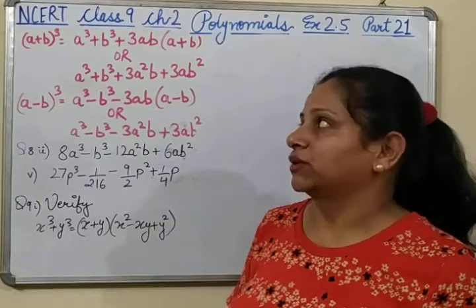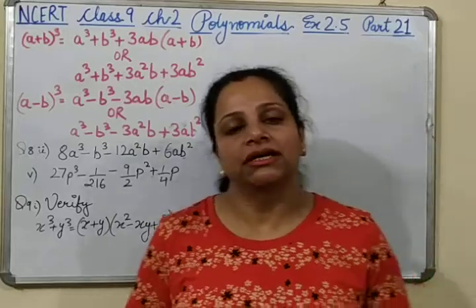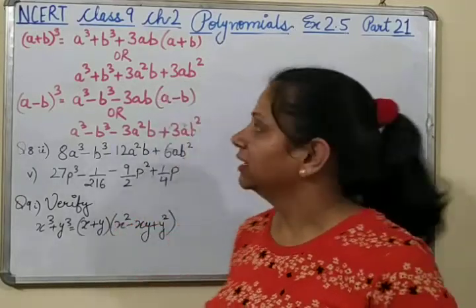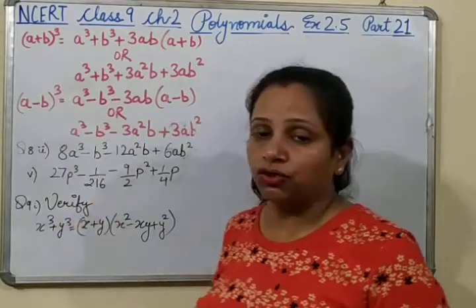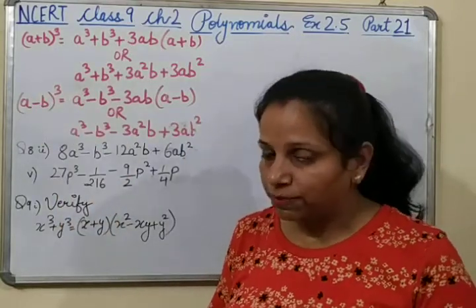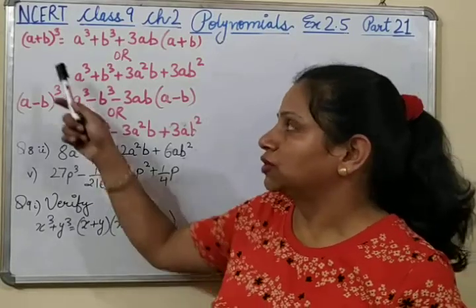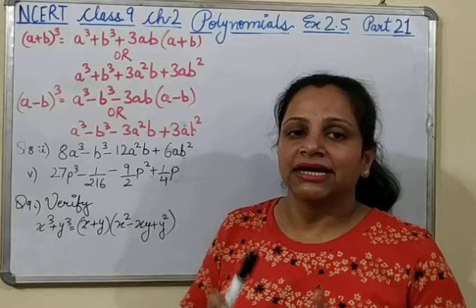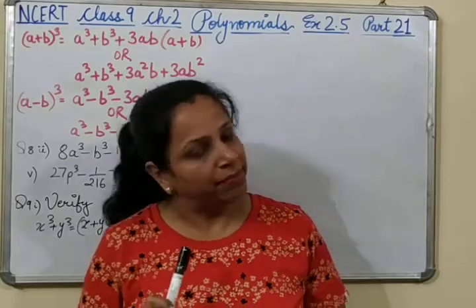Before starting with question number 8, let me remind you once again about the identities that we will be using in both of these questions. Now in the previous video, I have explained to you about a plus b whole cube and a minus b whole cube. These are the new identities for class 9. I have told you that a plus b whole cube is a cube plus b cube plus 3ab into a plus b.